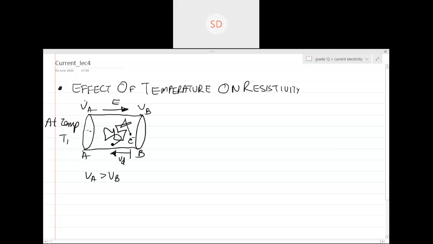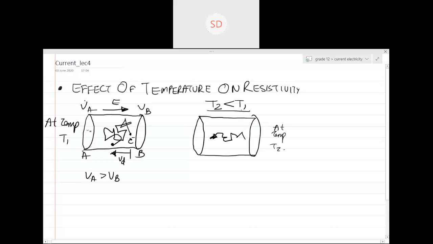Yes, sir. Now what happens when I decrease the temperature? Suppose the same thing, but when I decrease the temperature, now see what happens. Let's say this is at temperature T2. When this is at temperature T2, can I say that the zigzag motion will decrease a little bit? T2 is less than T1.